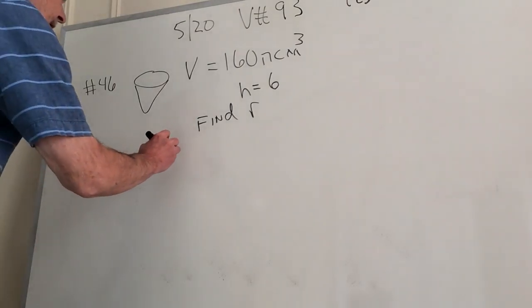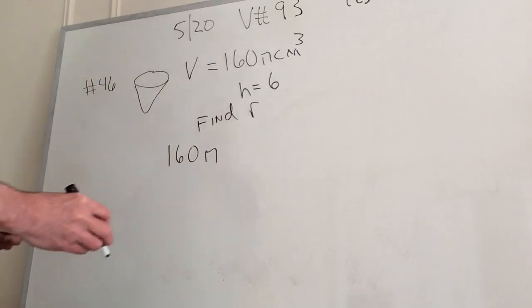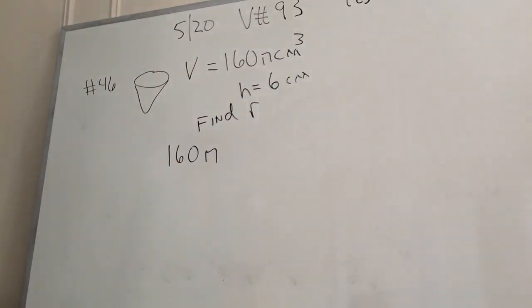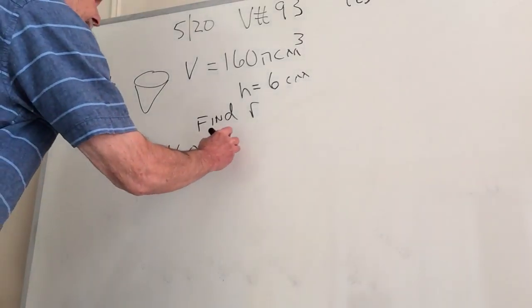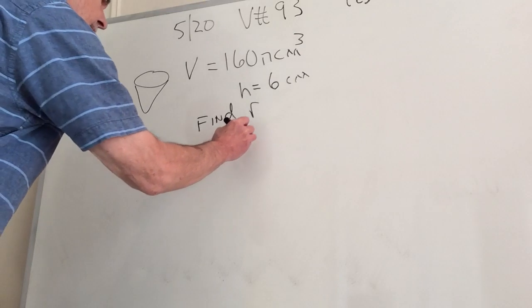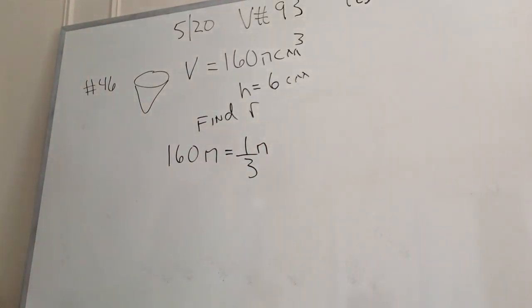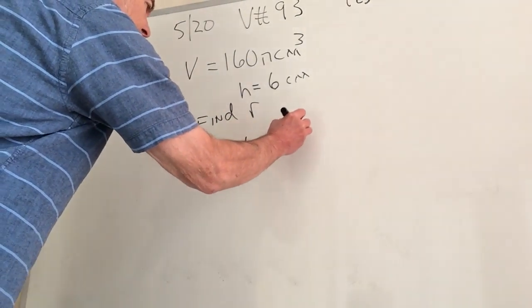Since V, which is 160 pi, we're dropping the centimeters cubed. By the way, these are centimeters. Worth noting that they're in the same value of measurement. And then, of course, this is 1/3 pi times r squared, which we're looking for, times 6.